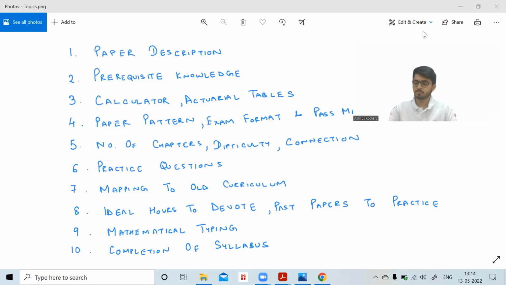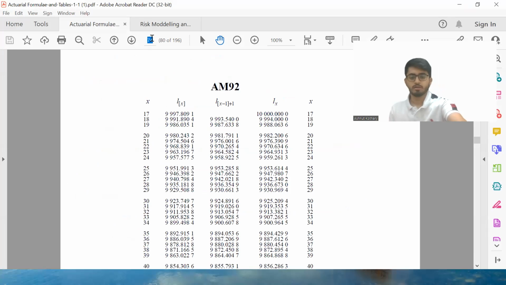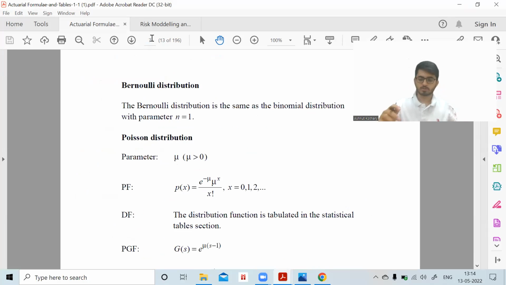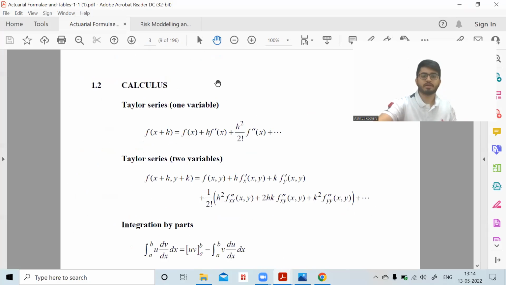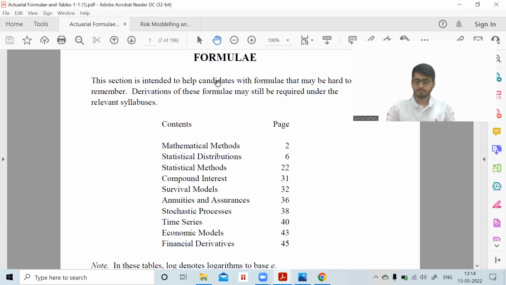Along with that, actuarial tables, obviously, are also a part of it. So let me just share another screen with you all for that. As all of you would be able to see, just directly going to the formula content first of all, these are the various contents. Now for CS2 specifically, the first heading, mathematical methods, is something which would be required.